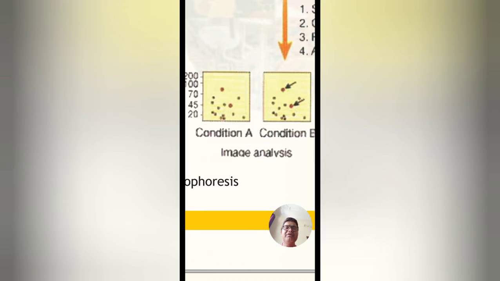If there is any protein that is not present in the other gel, then the arrow in this diagram indicates the particular protein which is not present in the other sample. Then this protein is taken further for investigation.